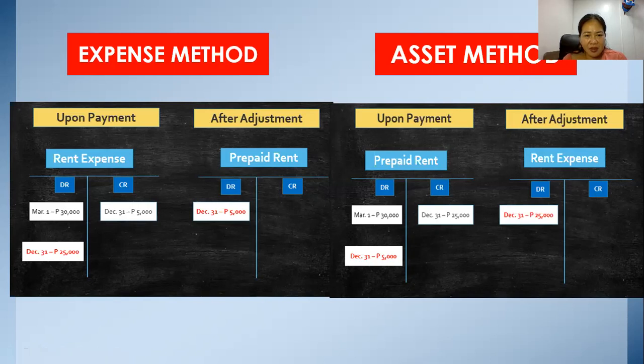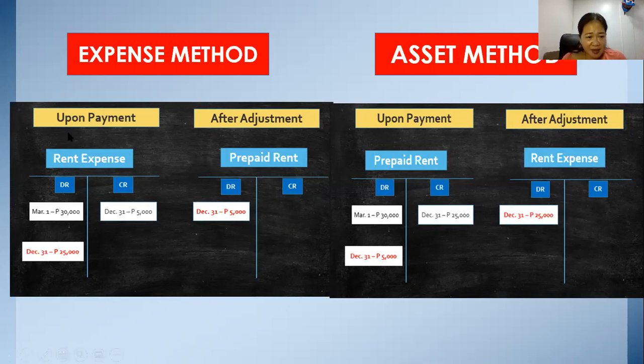Then, after the adjustment, under the expense method, you will be recognizing the prepaid rent, and then under the asset method, you will be recognizing the rent expense. And notice that whatever method you use, after you have prepared the adjusting entries, you will have the same amount of rent expense and the same amount of prepaid rent.